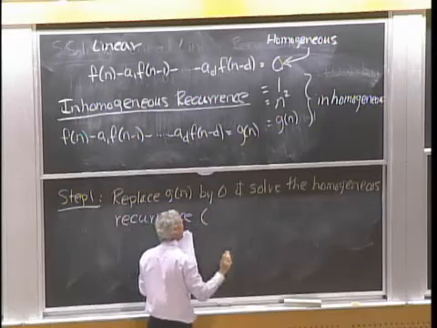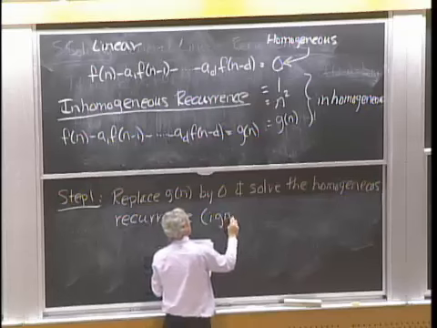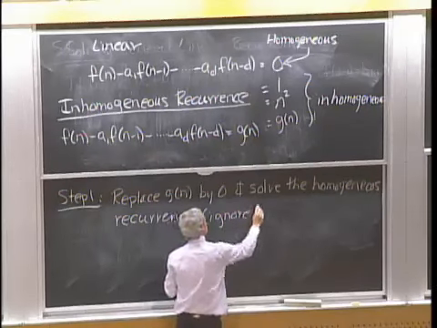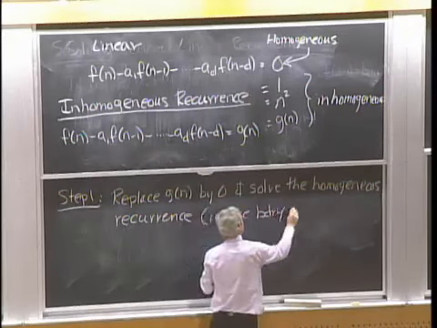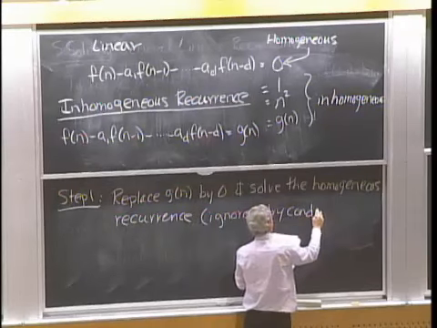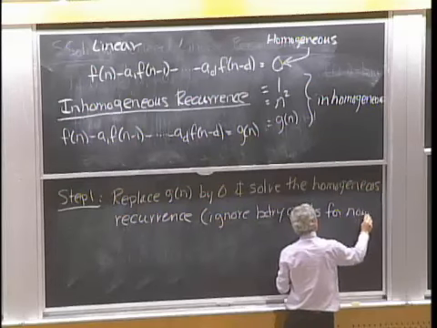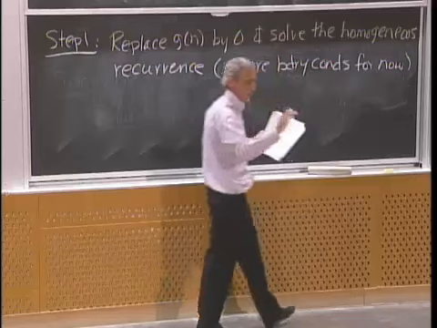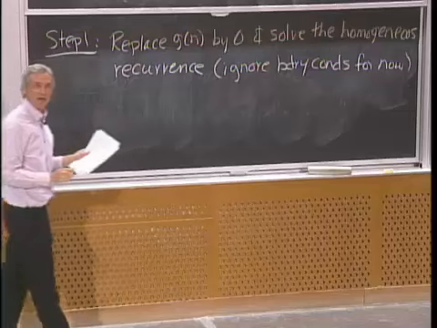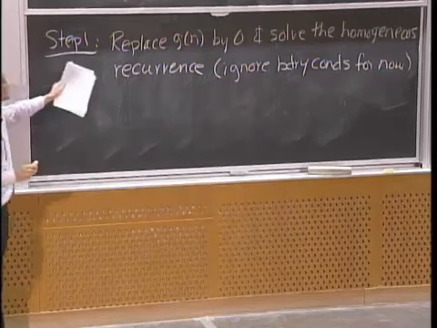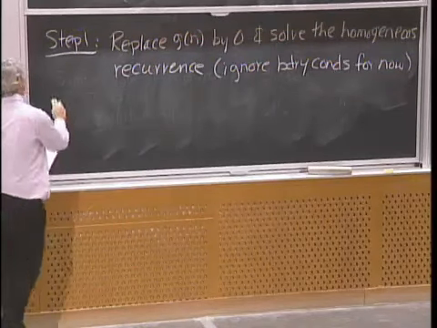But we don't go all the way. We ignore the boundary conditions for now. So you don't get all the way to the final answer where you plugged in the boundary conditions to get the constant coefficients. Leave the constant coefficients undecided.